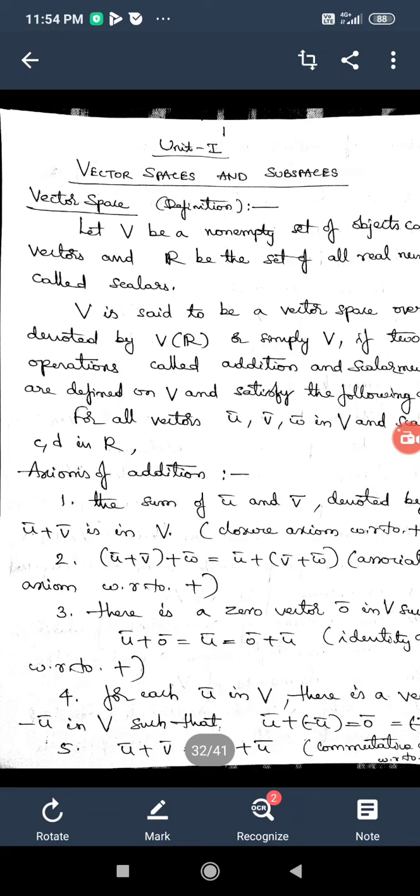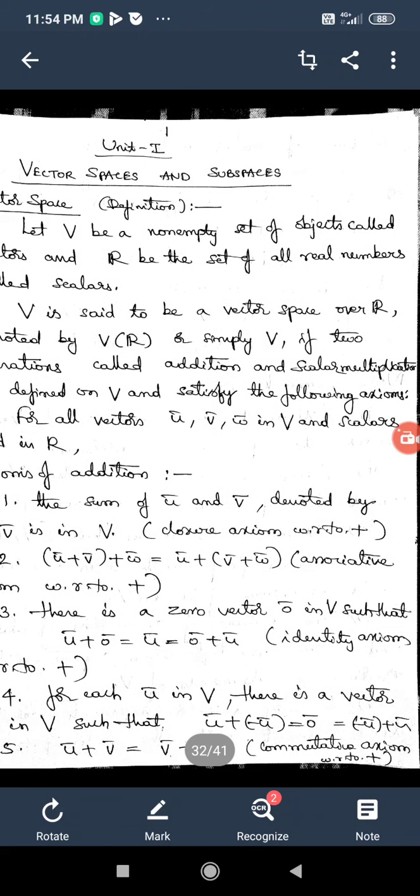And next, the fourth property says that for each u bar in capital V, there is a vector minus u bar in V such that u bar plus minus u bar is equal to 0 bar, or it is further equal to minus u bar plus u bar.